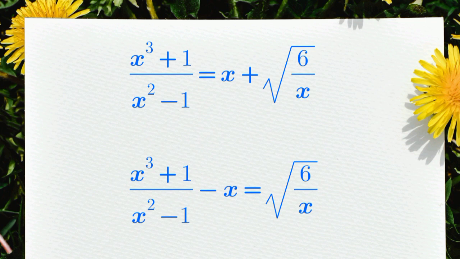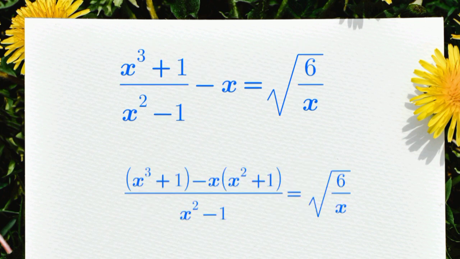Now, the next few steps are going to be concentrated on the left hand side of the equation. When we subtract x from (x^3 + 1)/(x^2 - 1), we'll be left with (x^3 + 1 - x(x^2 + 1))/(x^2 - 1) = √6/x.